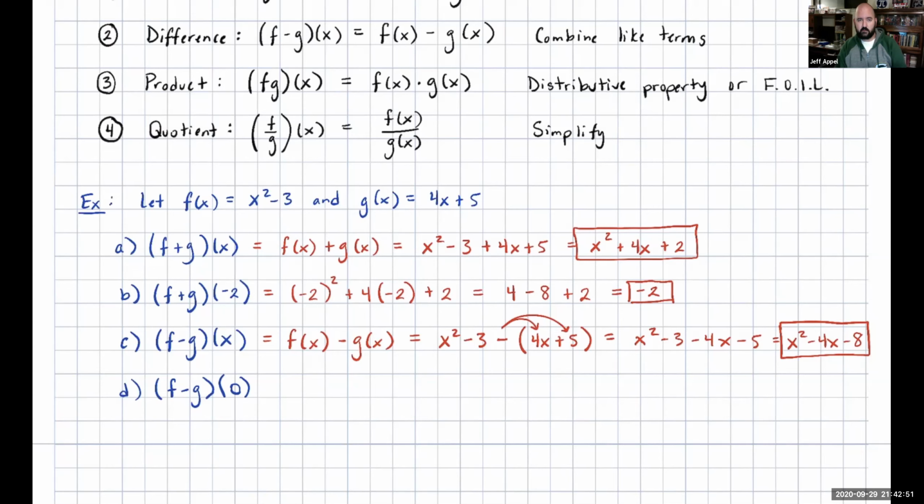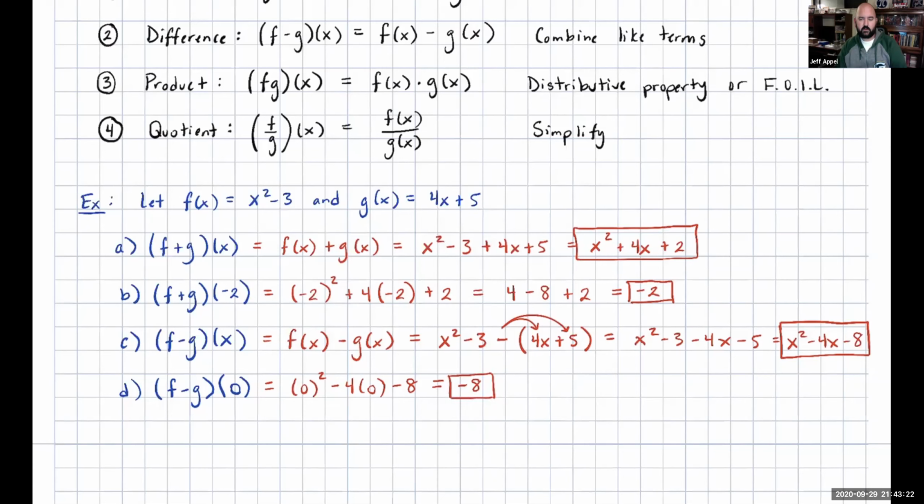No. It means everywhere there's an x, plug in 0 in its place. So same thing, we're going to take the answer we just got in part C, and everywhere there's an x, we're just going to replace it by 0. So it's going to be 0 squared minus 4 times 0 minus 8. And those first two pieces just go away, right? 0 squared minus 4 times 0, that's nothing. So all you're left with here is a negative 8.